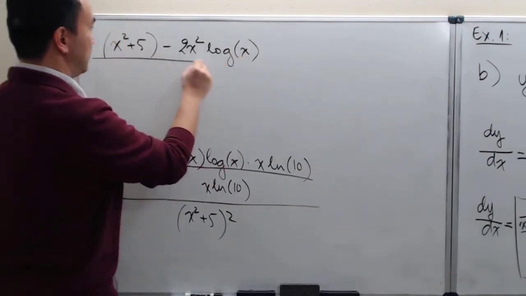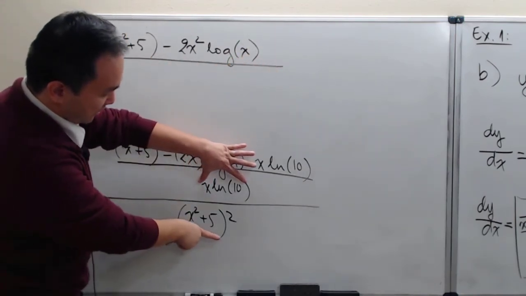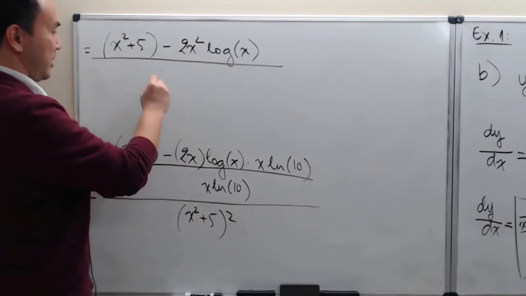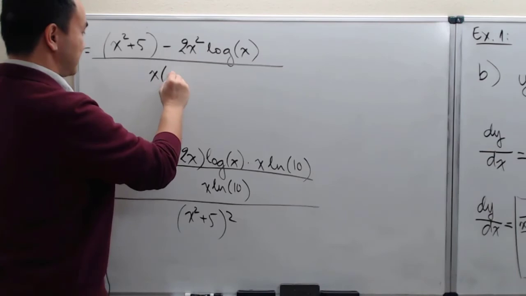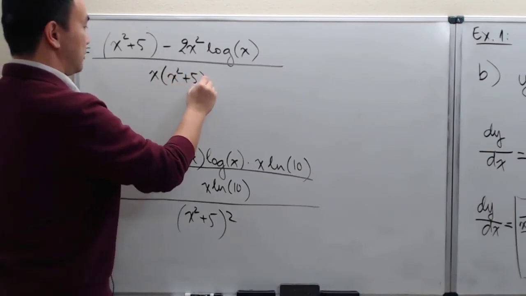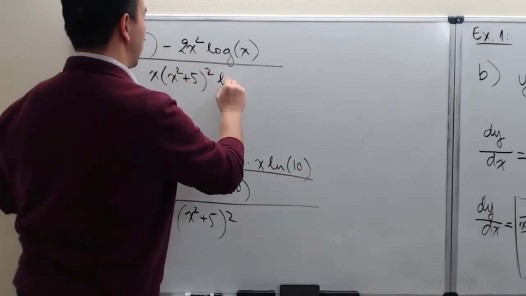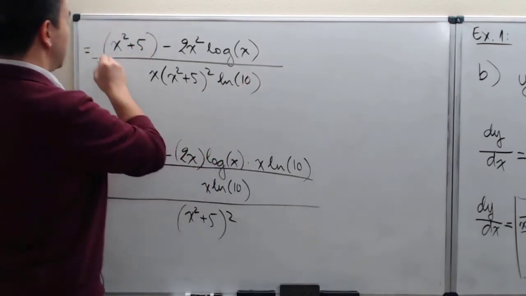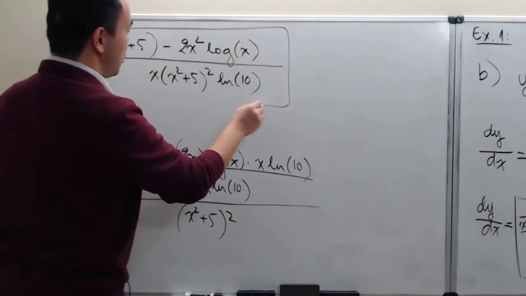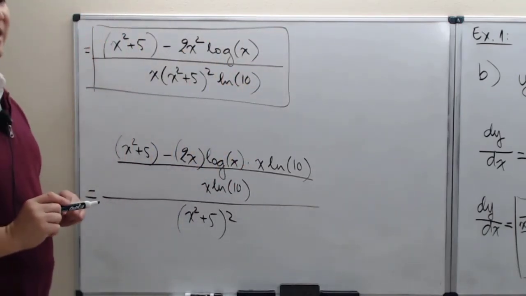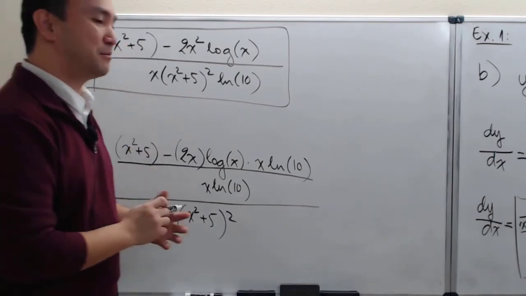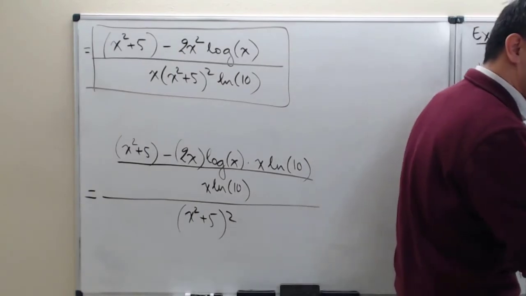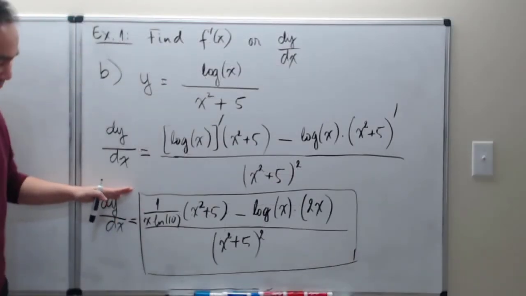But now we can combine these two as one denominator. So all it is now is x times x squared plus 5 all squared, multiplied with natural log of 10. But now this expression is at least one fraction, and it seems a little more simplified compared with the earlier version we had.